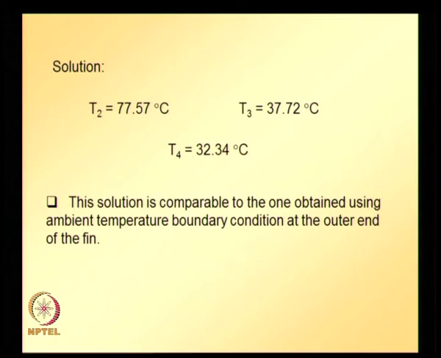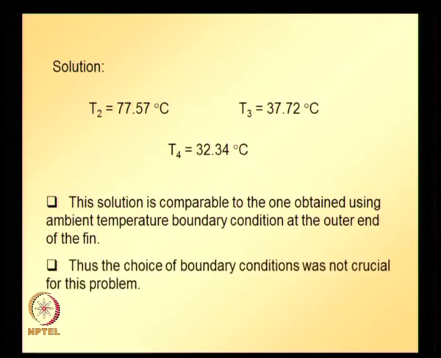Both are almost equal. Thus, this choice of boundary condition was not crucial for this particular problem. So, in this particular case, whether you apply convection boundary condition or ambient temperature boundary condition, almost the same solution can be obtained.